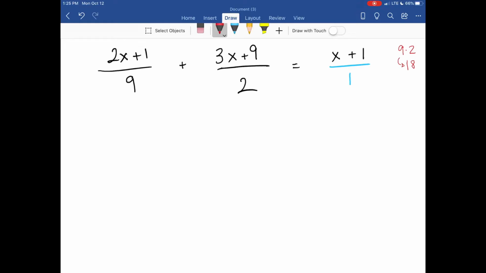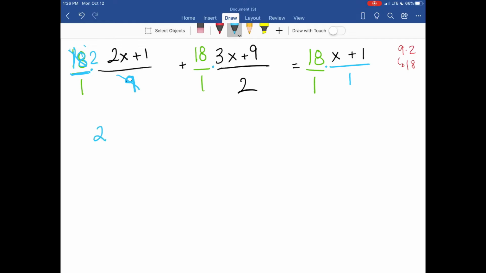So here's the next thing that we want to do. We want to multiply everything, all 3 of those fractions, by that number 18, the least common multiple. So we're thinking about it like this, and here's why. I have 18 in the numerator, and then before I multiply, I have this 9 in the denominator. What do I know about 18 divided by 9? 18 over 9 is 2.